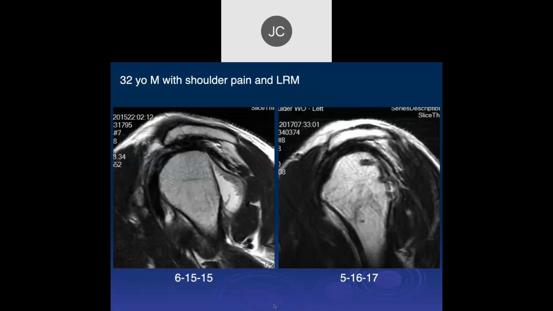Let me show you the sagittal images. Here are the sagittal images. There was already a flattened contour in 2015, but this definitely looks like another impact. There's also synovial thickening here. But now, what's happened here?